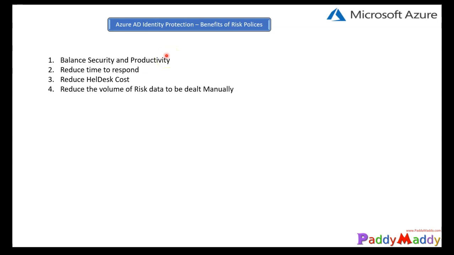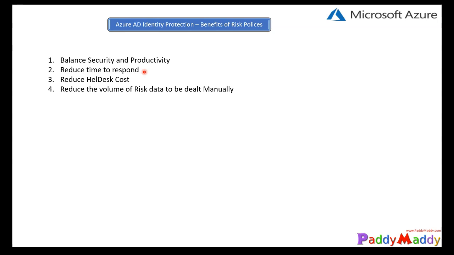The reason being, if we keep on challenging the users with multi-factor authentication to prove themselves, that itself gets compromised. So we need to only challenge if a risk is associated with that sign-in for that user. Number two would be reduced time to respond after a compromise.